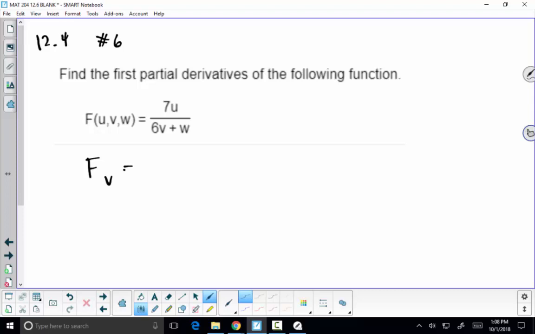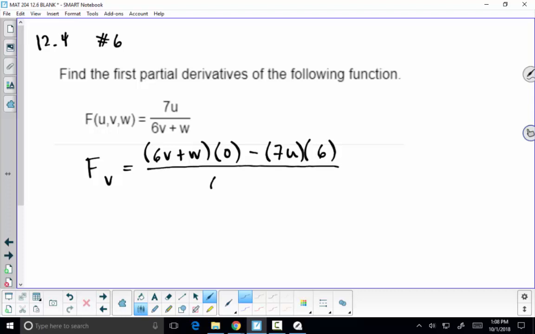So first off, it's in a quotient, so we have to use the quotient rule. So we're going to go low, partial high with respect to v, which is 0, minus high, partial low with respect to v, over denominator squared.